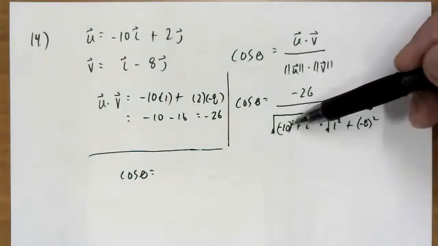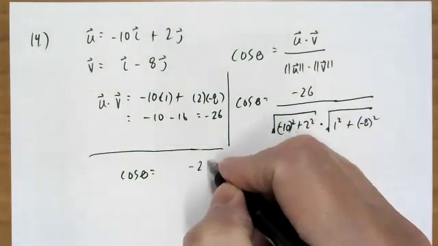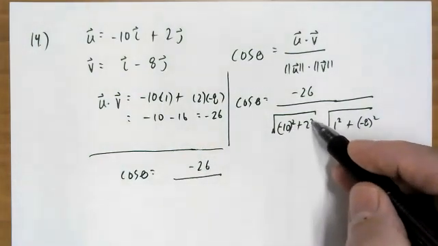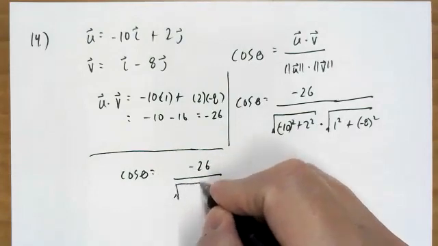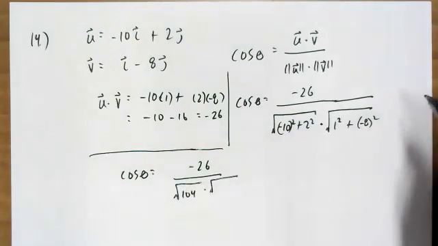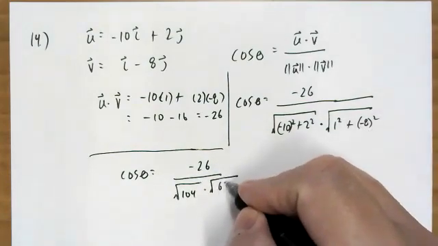So now grab your calculator. Actually, I can simplify this a little bit. Negative 10 squared, 100 plus 2 squared. This is the square root of 104. This is 1 plus 64.